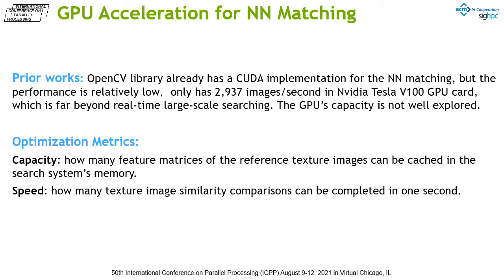The OpenCV library already has a CUDA implementation, but the performance is relatively low. We consider it the baseline. In the following, we will use two metrics to evaluate our performance. The capacity is how many feature matrices can be cached in the search system's memory, and the speed is how many texture image similarity comparisons could be completed in 1 second.